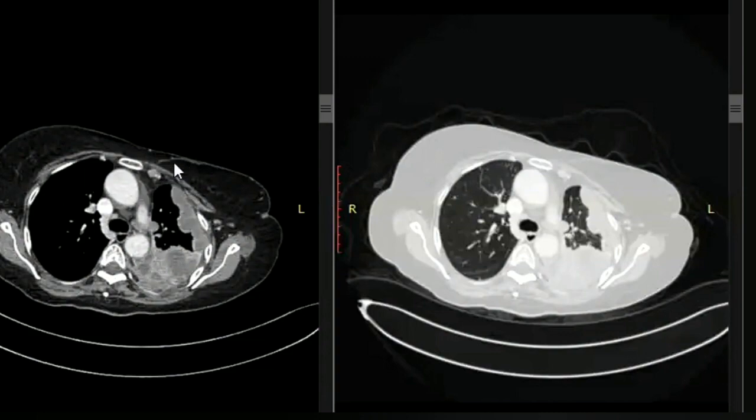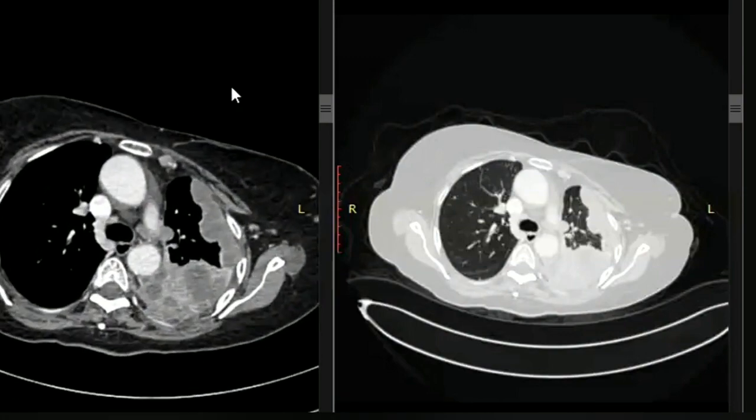And there is also significant loss of the lung volume noted.